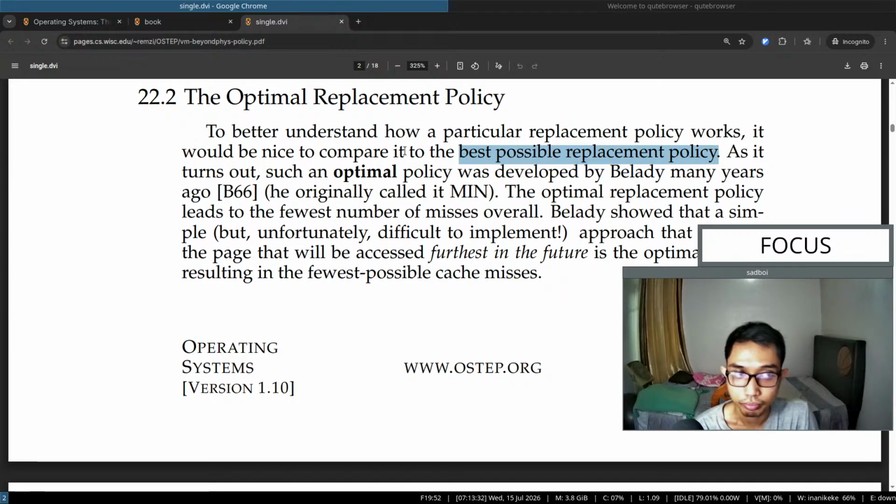Okay. As it turns out, such an optimal policy was developed by Belady many years ago. He originally called it MIN. The optimal replacement policy leads to the fewest number of misses overall.